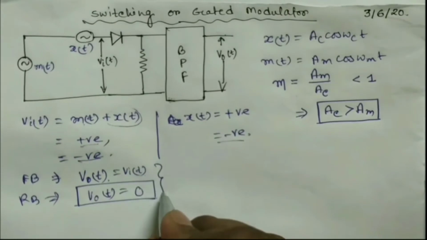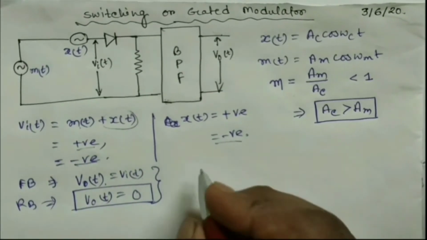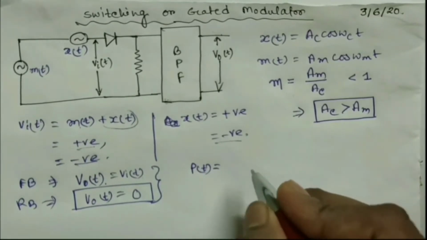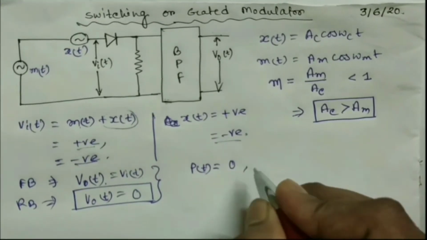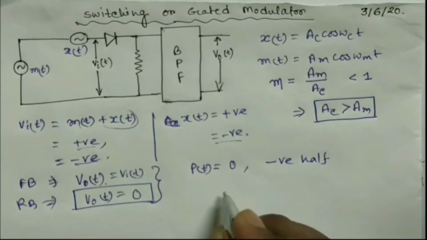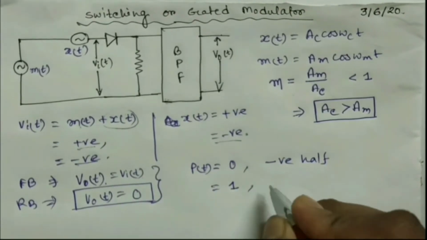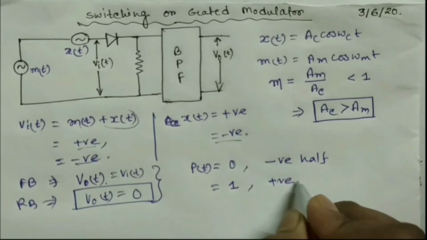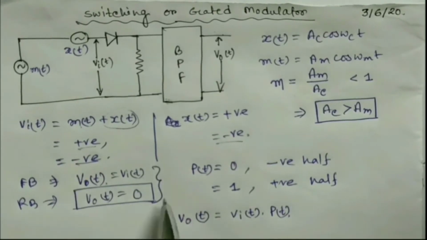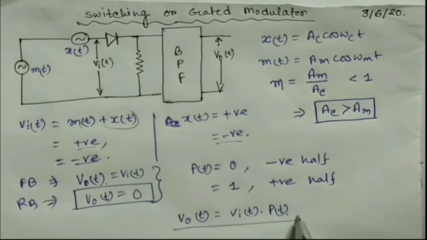Now from these two conditions we can assume another signal p(t) whose value is 0 for the negative half cycle and is 1 for the positive half cycle, and we can rewrite this condition like this.